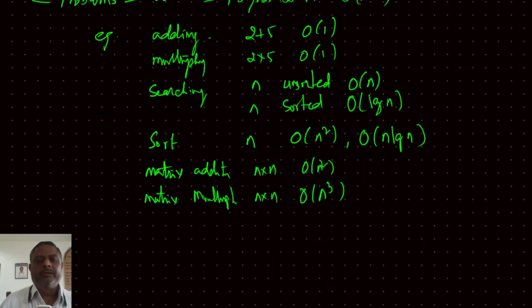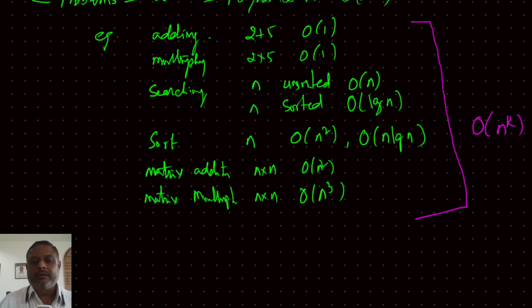So the common thing in all this is some order of n to the power k, where k is 0 for this case, k is 1 for this case, k is 2 for these cases, k is 3 for these cases, and so on.